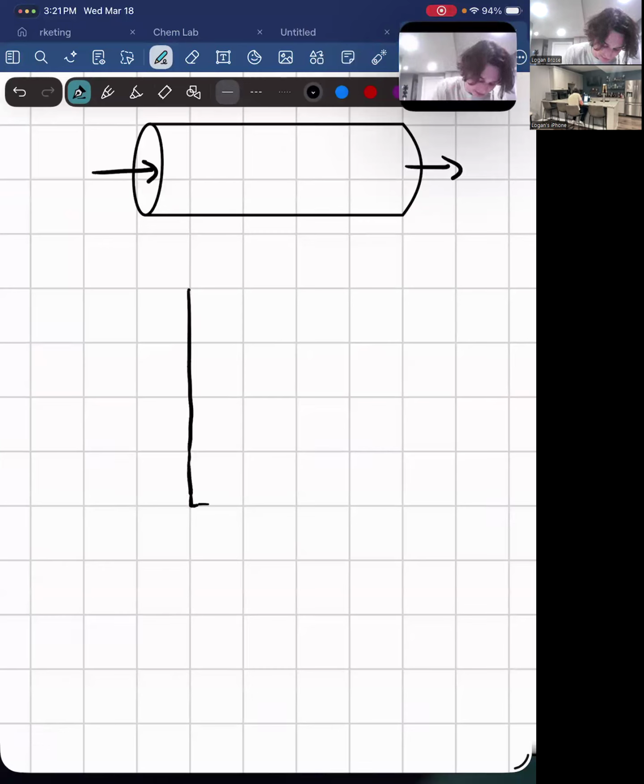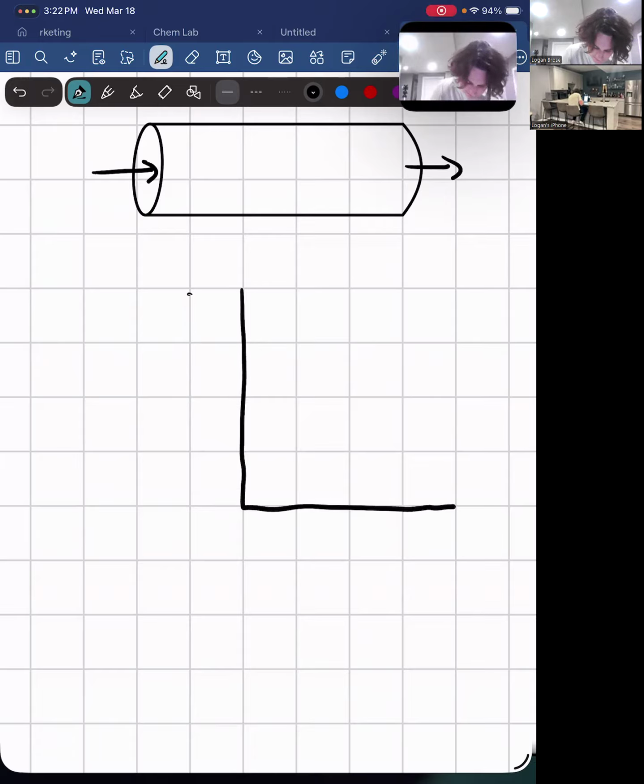I'll actually draw this out so it's a little cleaner here. Right, so this is our pipe here.